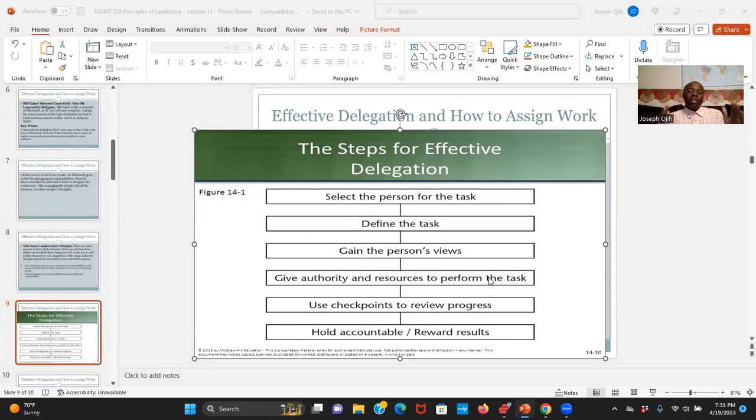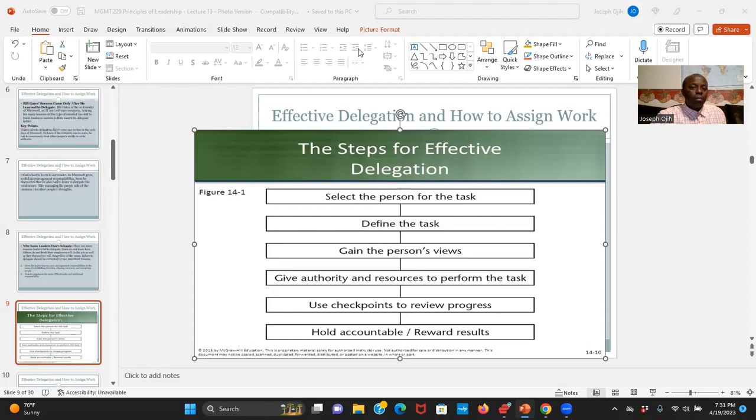Then as he or she is performing the task, you can use checkpoints to review the progress, and then hold them accountable if they went astray, or they didn't deliver the way you want. So you can hold them to account, and then, if possible, give them a second chance. But when they deliver the results, you reward them, maybe through promotion and so on and so forth.